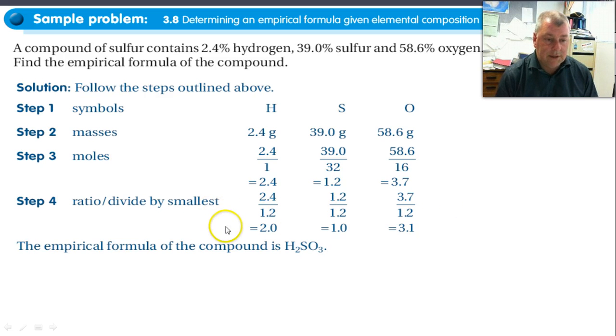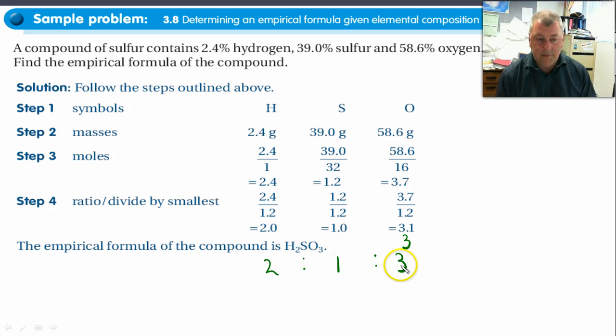So that tells us, now this bit here, we skip step 5. Because this is 3.1, that's near enough to 3. And therefore we can just say that the ratio of hydrogen, sulfur and oxygen is 2 to 1 to 3.